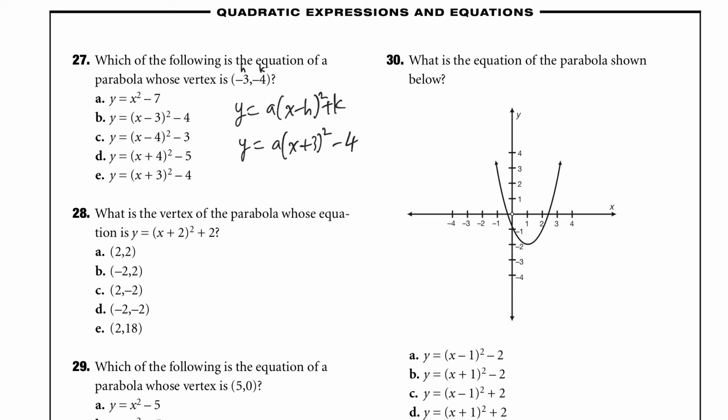So we're looking for an equation in this form, and the only one that satisfies this is E. 28. What is the vertex of the parabola whose equation is y equals x plus 2 squared plus 2? In this case, our h is equal to -2, our k is equal to 2, so our vertex is -2, 2.